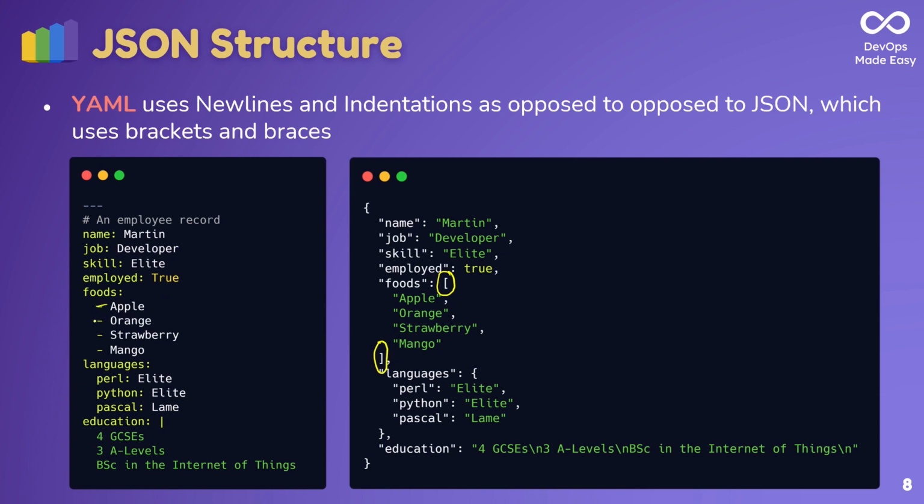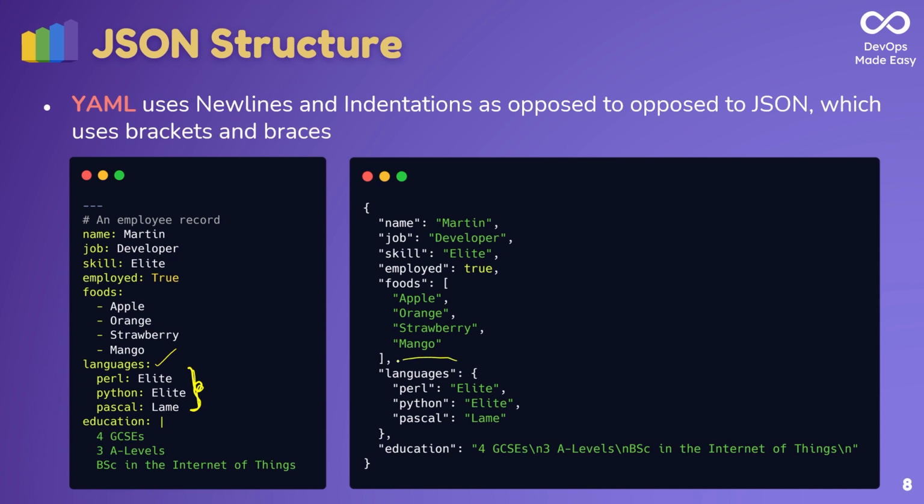Here we are using hyphens to indicate the list elements. The same thing has to be done with square brackets. Inside the square brackets, you can have individual elements followed by a comma to indicate the end of that field. The last element of that list should not have a comma. And languages here is the key, and again this complete part becomes its value.